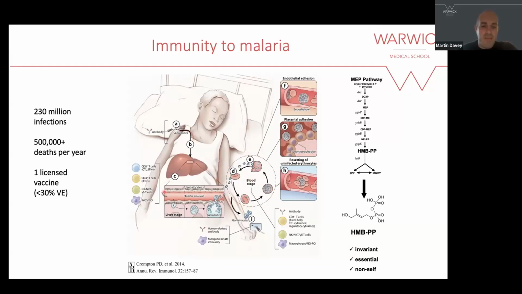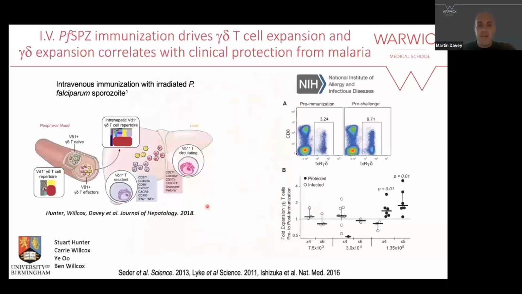Gamma deltas have been identified to be involved in multiple stages, as well as CD8 T cells and other populations like NK cells and NKT cells. Much of this is drawn from mice, so it's not completely clear what exactly gamma deltas are doing in humans, and so I'm just going to talk a little bit about that.